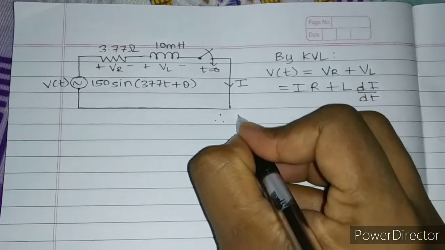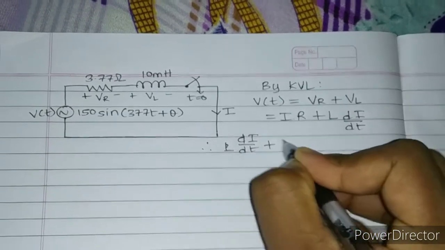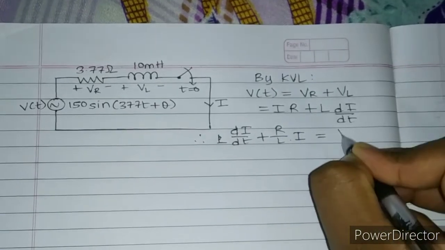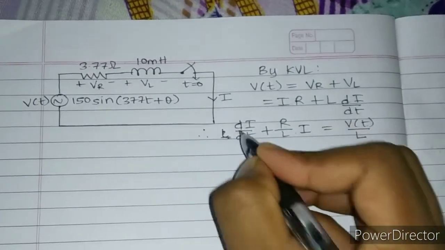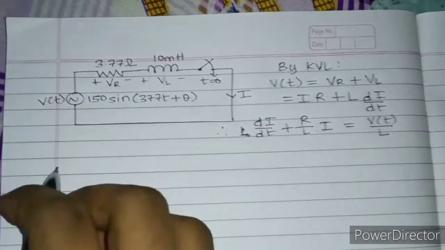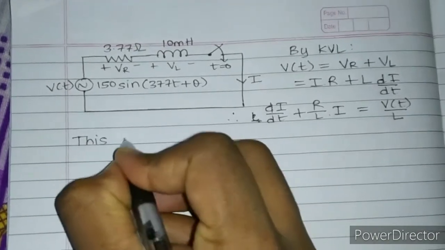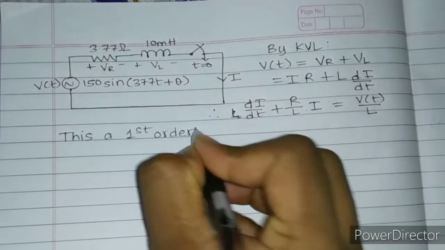Therefore, di by dt plus R by L into I is equal to V of t by L. This is a first order linear differential equation.